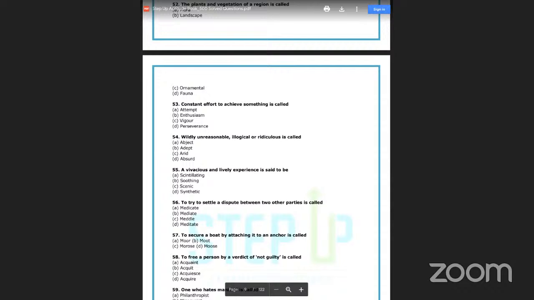Okay. Then what do you mean by moor? It's a high open area of land that is not used for farming, especially an area covered with bracken and heather.